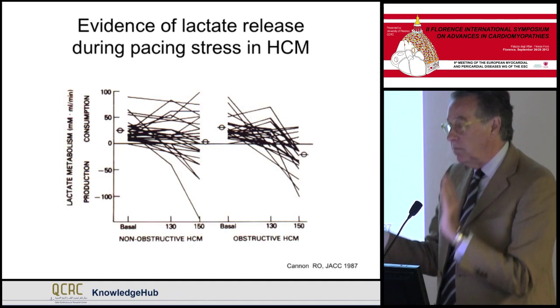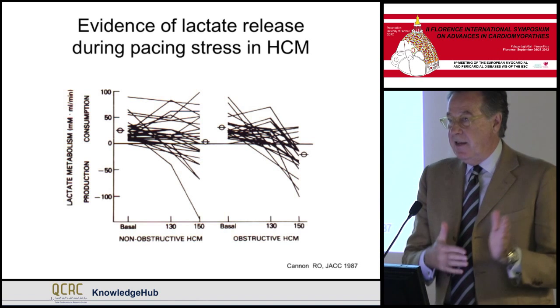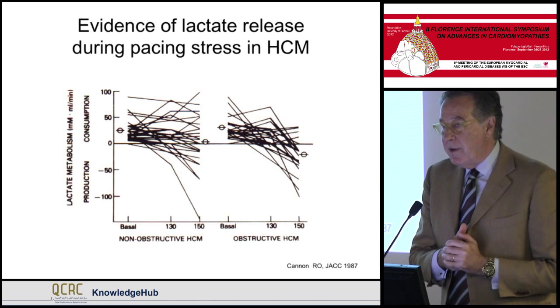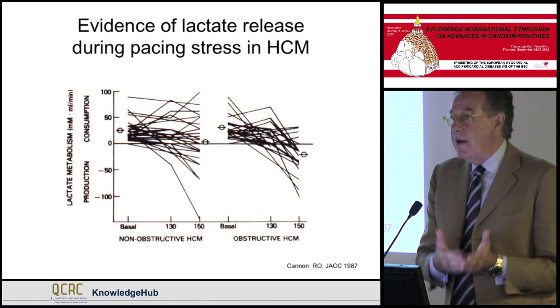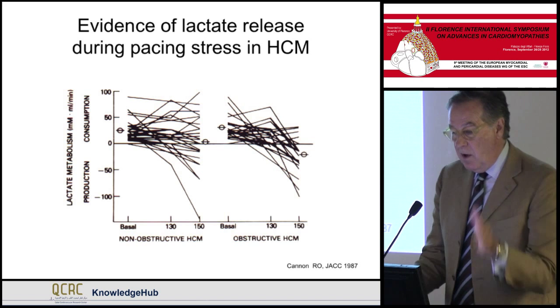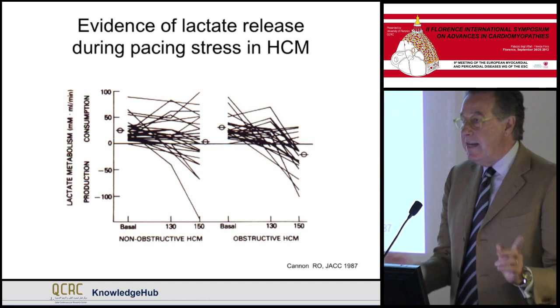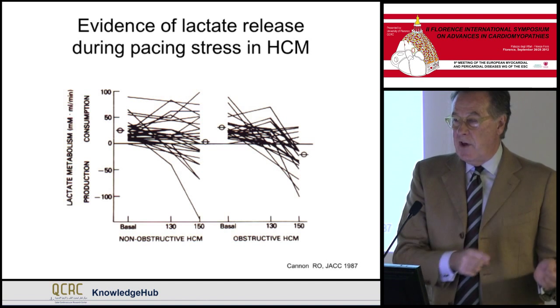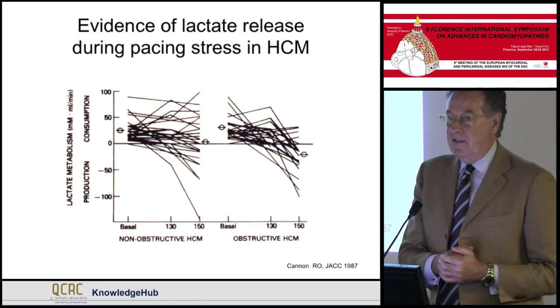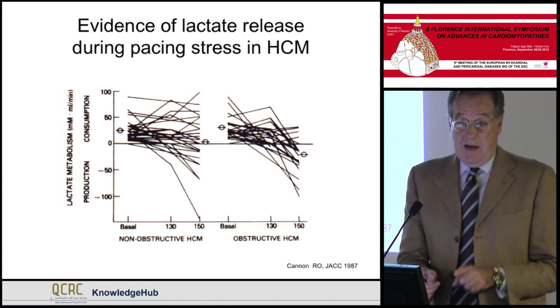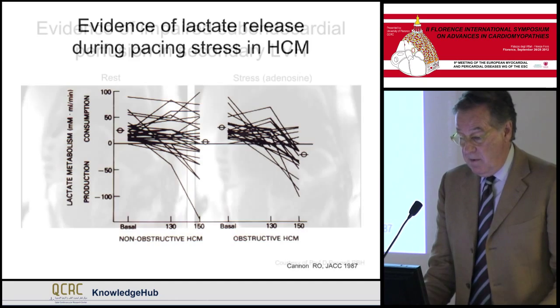For those who are not familiar with this, lactate is the product of anaerobic glucose metabolism, and is only released during conditions of myocardial ischemia. So many of these patients do develop lactate release. So indeed, the flow reserve impairment due to microvascular dysfunction can be severe enough to induce myocardial ischemia.